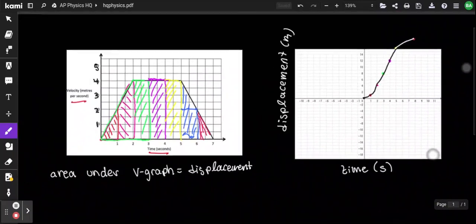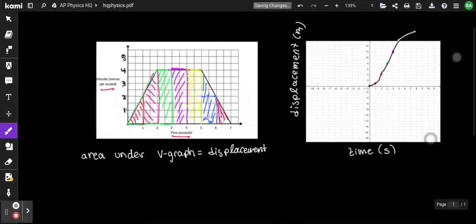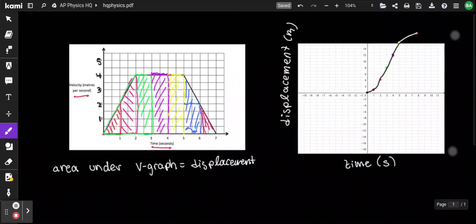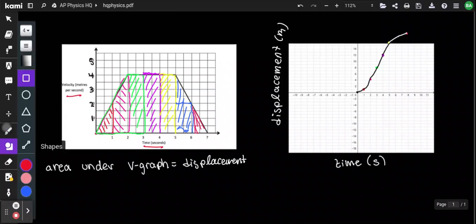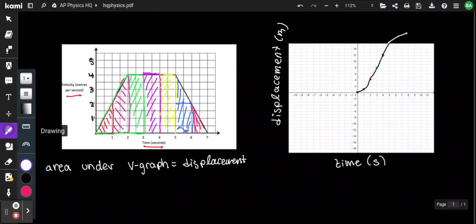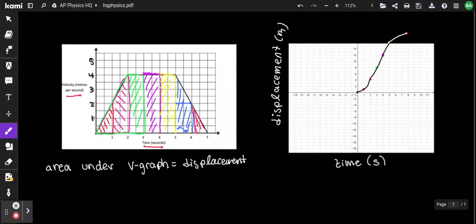So there's something pretty important that this graph tells us about the velocity graph. Remember that the slope of our displacement graph is going to give us the velocity graph, and the slope of a velocity graph is going to give us the acceleration graph. So before, the slopes of our displacement graph were all linear, which gave us horizontal velocity graphs.